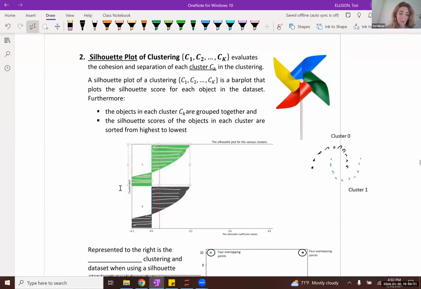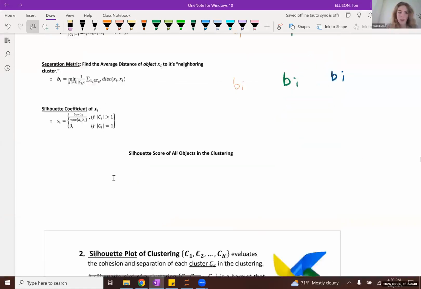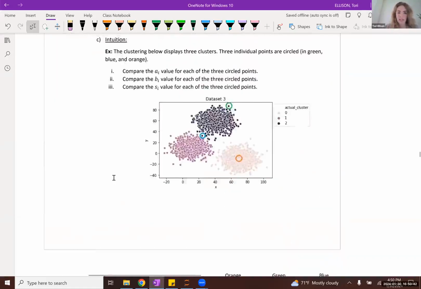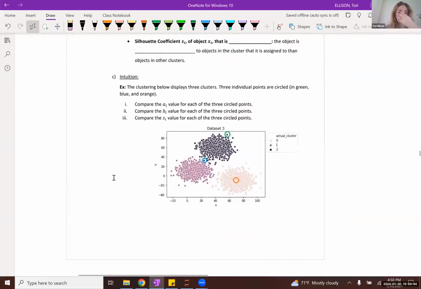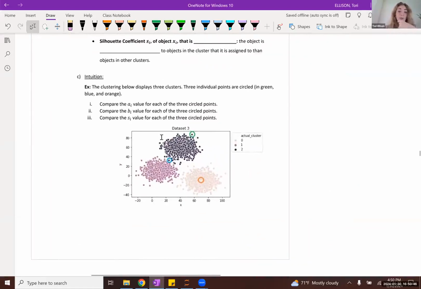So this is the silhouette score of all the observations assigned to cluster 1. This is the silhouette score of all the observations assigned to cluster 0. And furthermore, you arrange them in descending order. So these are my highest silhouette scores of observations assigned to cluster 1, all the way down to the lowest values.